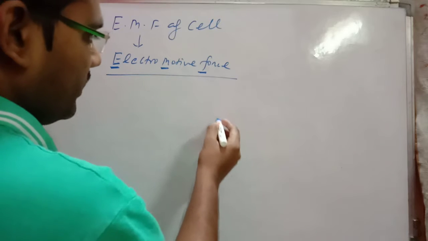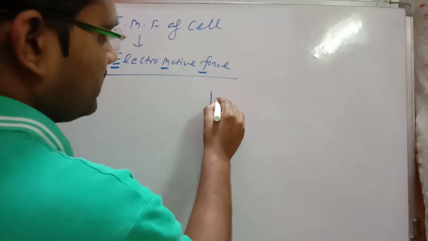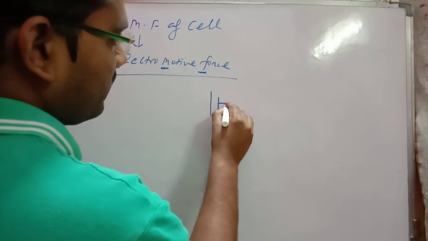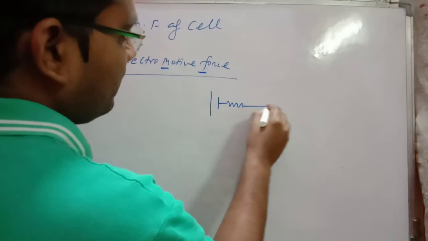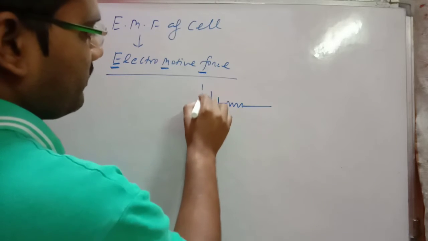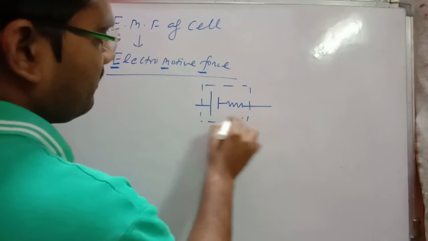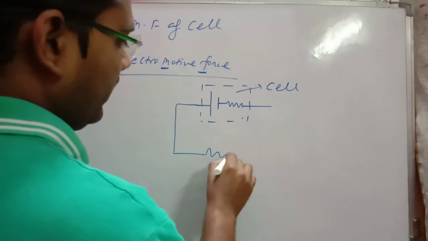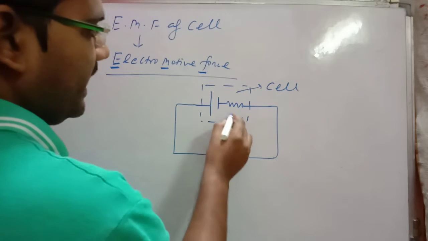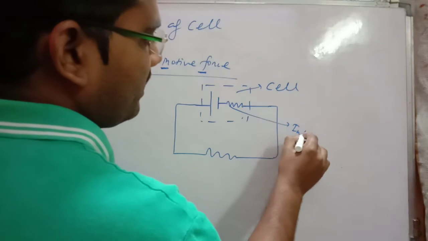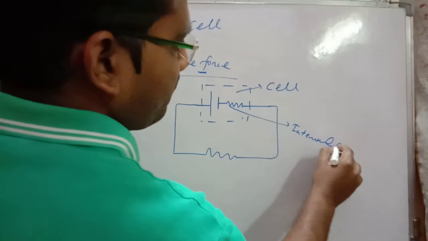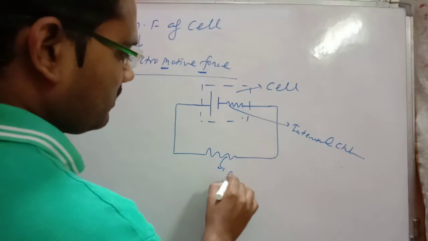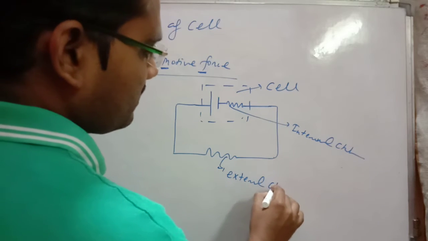Now if we take a cell, then the symbol of the cell is this one, and this one is the internal resistance of the cell, this one is the total cell, and here an external resistance. That means this one is the internal circuit and this one is the external circuit.